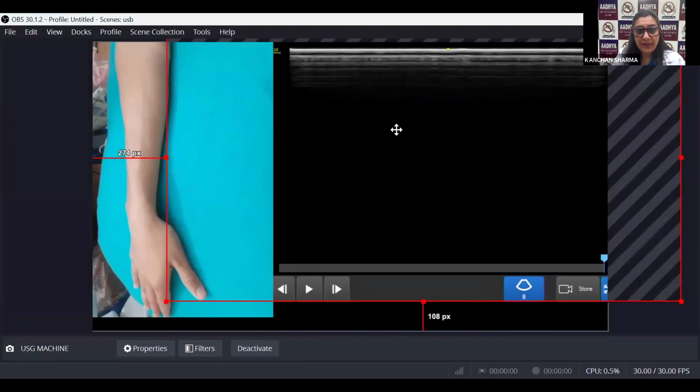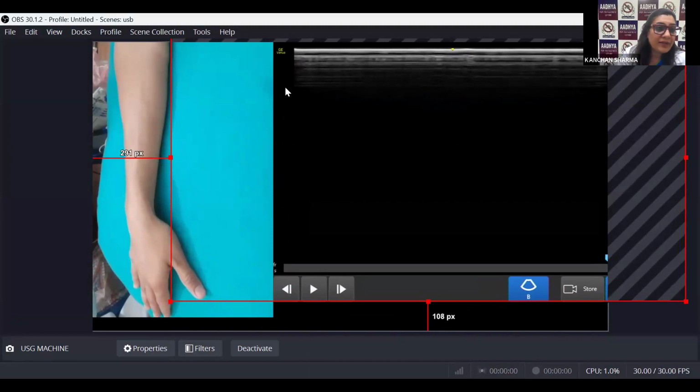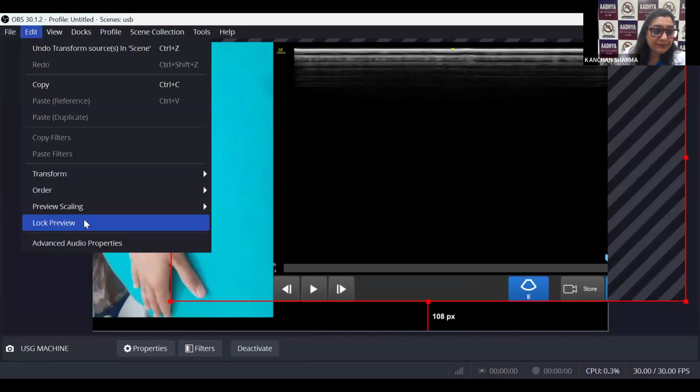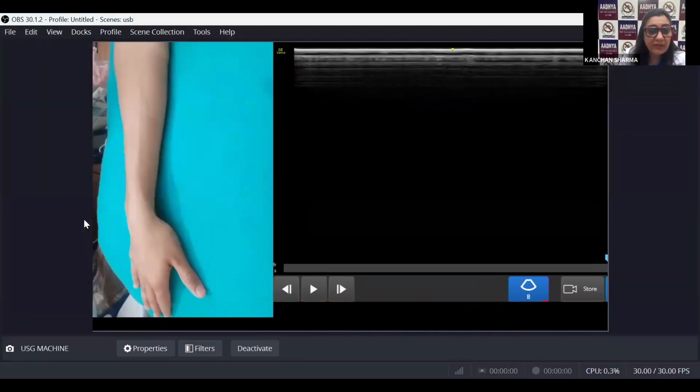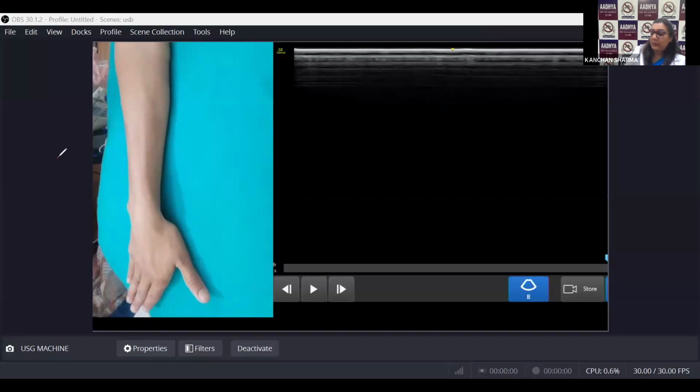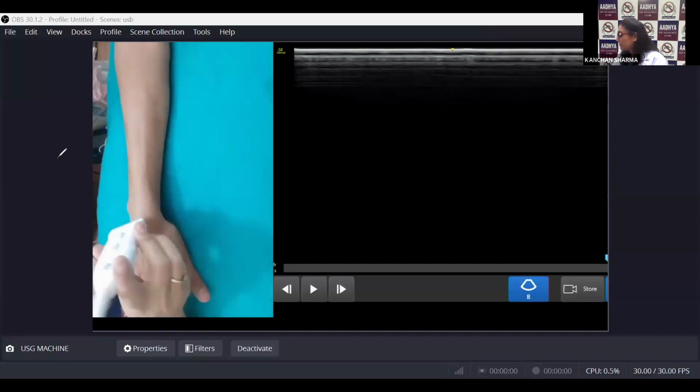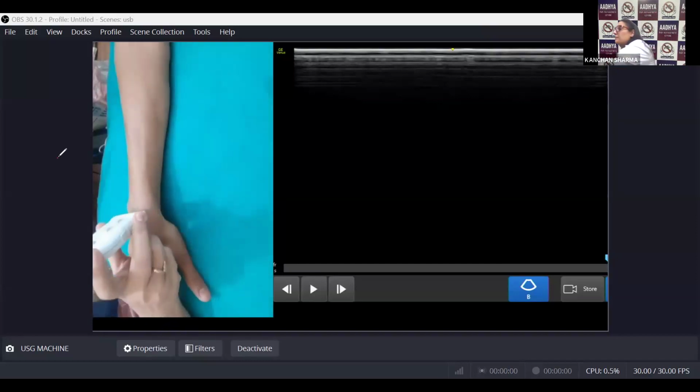We should know where exactly our aspect marker is, which we can find out only with the machine name written on it. Now I'll be putting my probe with the aspect marker towards the little finger side, in short axis to the distal end of the radius. Let me decrease the depth.